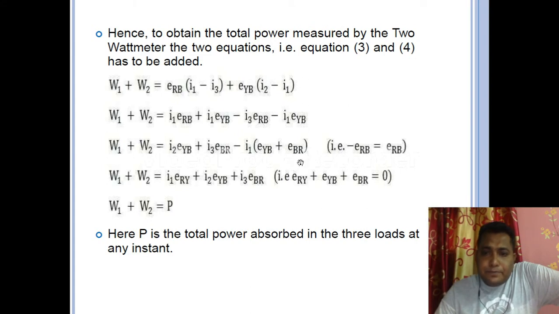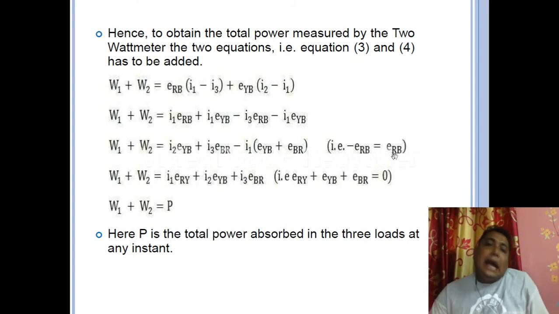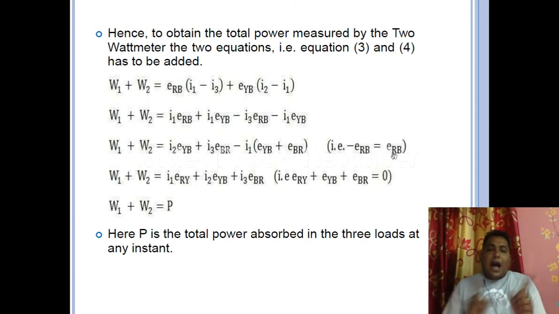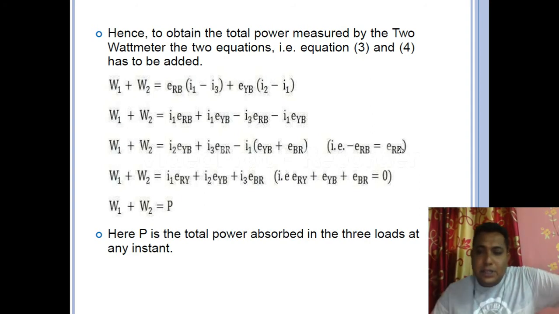It should be BR, only a change of the name, RB to BR, there was a typing mistake. So ER to BR, that change we have done, that's why the elimination of minus.